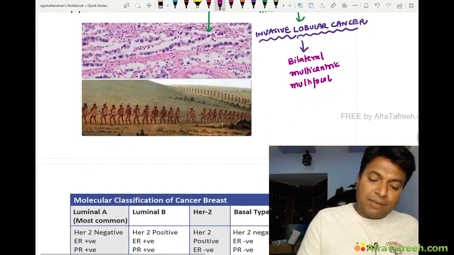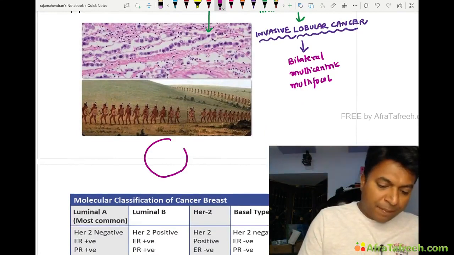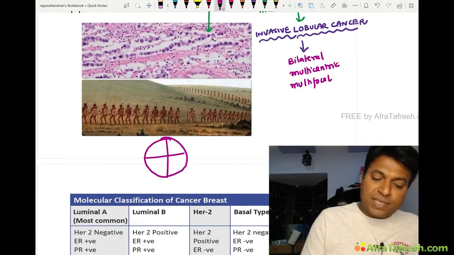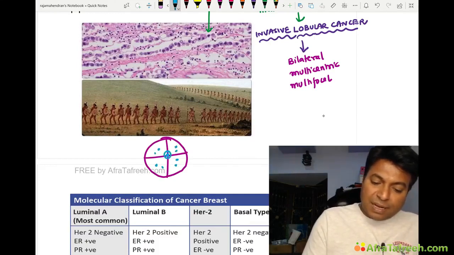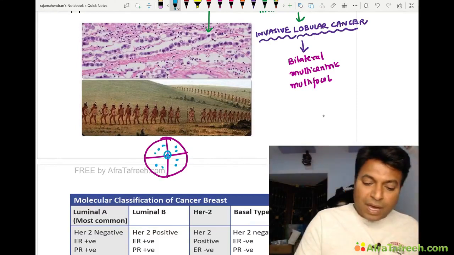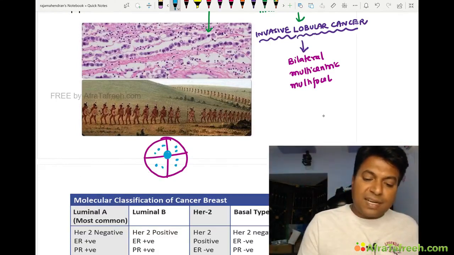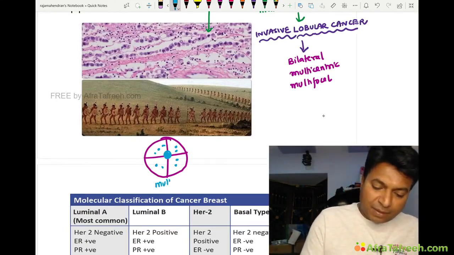What is multifocal and multicentric? Every time the students get confused with this. The center is the nipple. Around the nipple, if you get many cancers, it is multicentric.